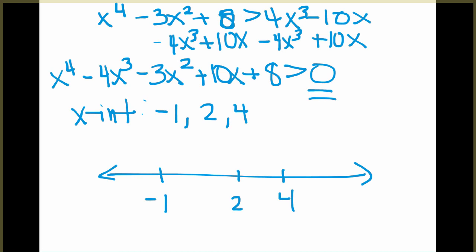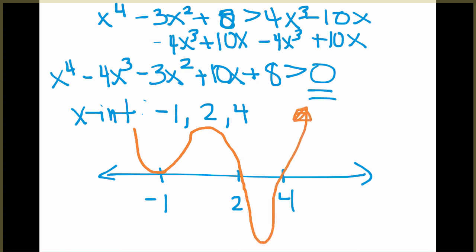So when I look at the graph, it starts with a positive end behavior to the left. Then at -1, it must be a double 0 because it just has a turning point right at -1. Goes up really high, down through 2, down very low, and then up again through 4. So that's just a rough sketch of what our graph will look like.